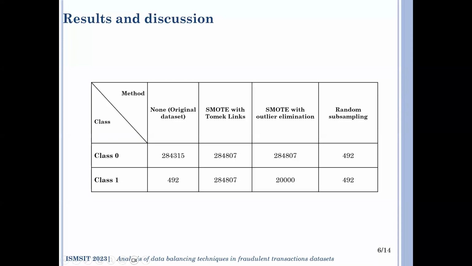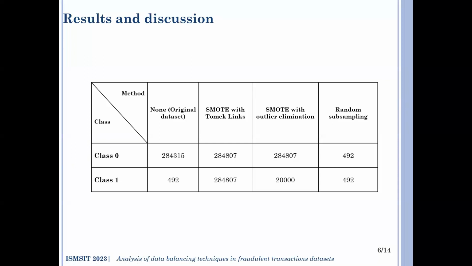The main difference being that by subsampling, we got the majority class, class 0, down to 492 items. And this may not be enough to properly train a machine learning model, an AI model.